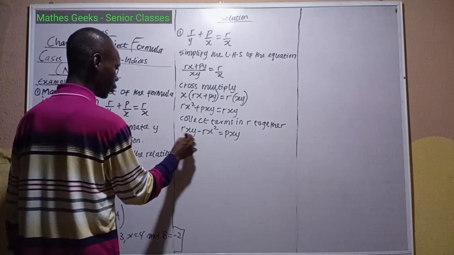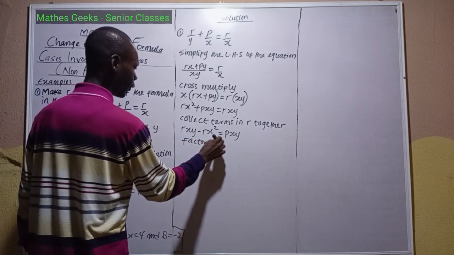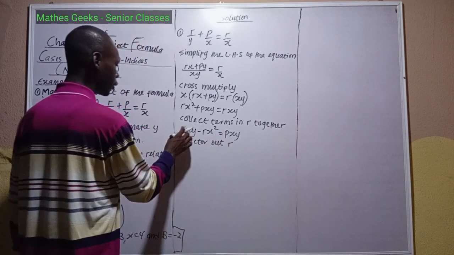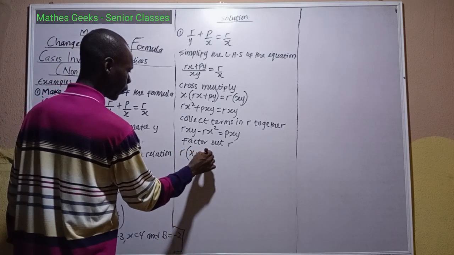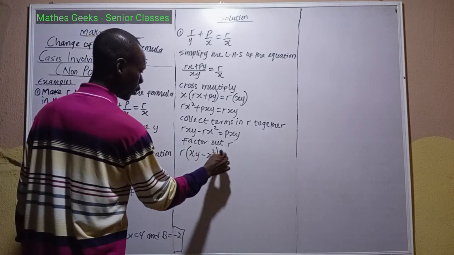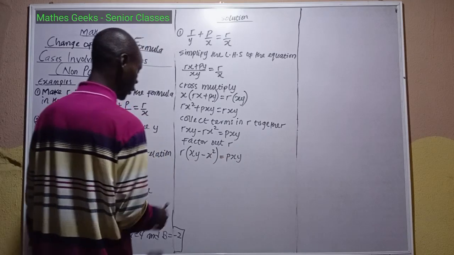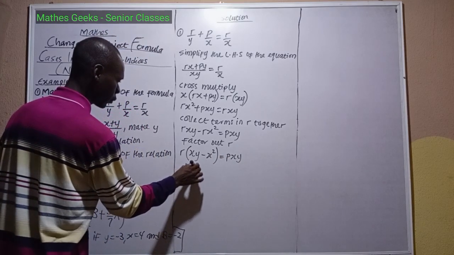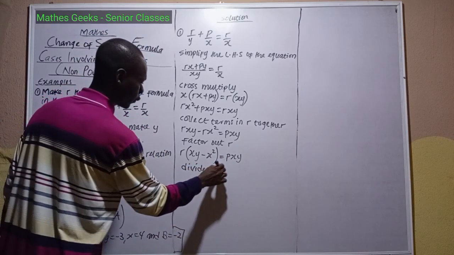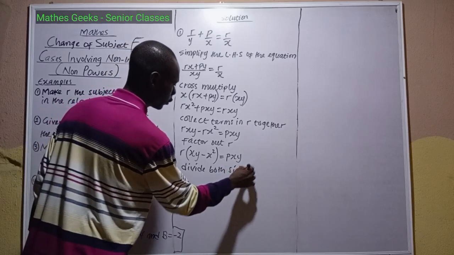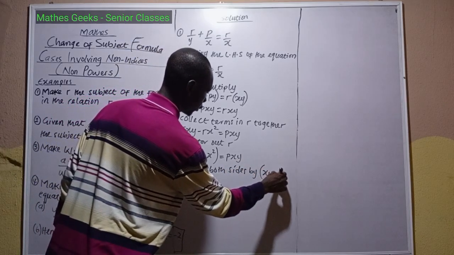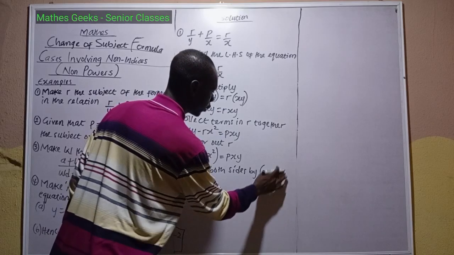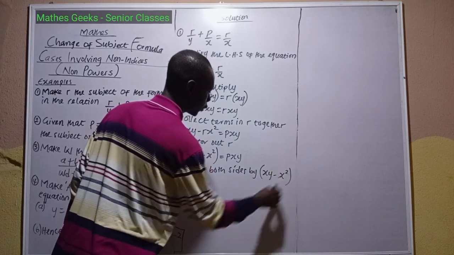Then factor out r: r(xy minus x squared) equals pxy. Divide both sides by xy minus x squared.